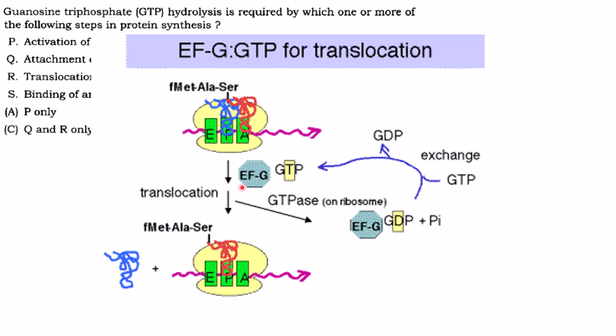Now the GTPase on the ribosome will cleave this EFG GTP to GDP plus Pi, and that energy will move the ribosome and tRNA to the next binding site, so that the tRNA which is uncharged and present on the P site moves to the E site and is removed, and the tRNA with the polypeptide attached on the A site moves to the P site, and the A site will be now free for the incoming tRNA molecule.